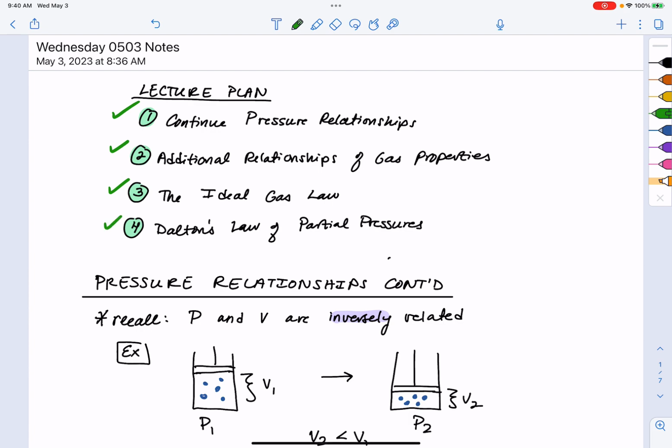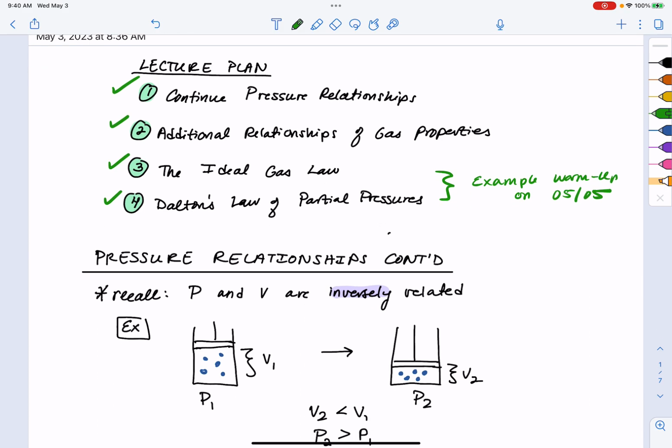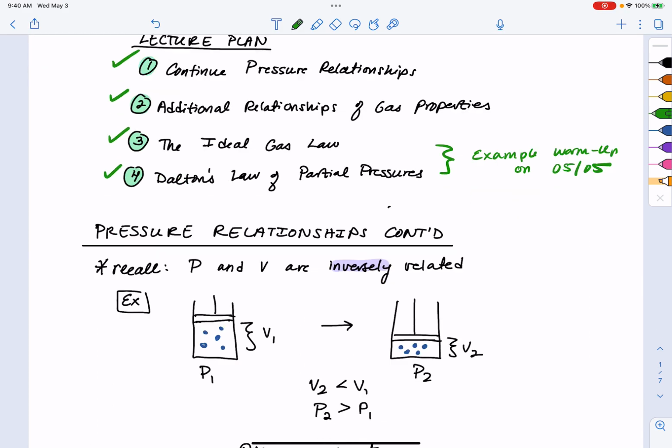All right, let's start with a warm-up on Friday, May 5th, Cinco de Mayo, where we look at how we can apply both the ideal gas law and Dalton's law of partial pressures. And then from there, we will do a little bit of gas stoichiometry.